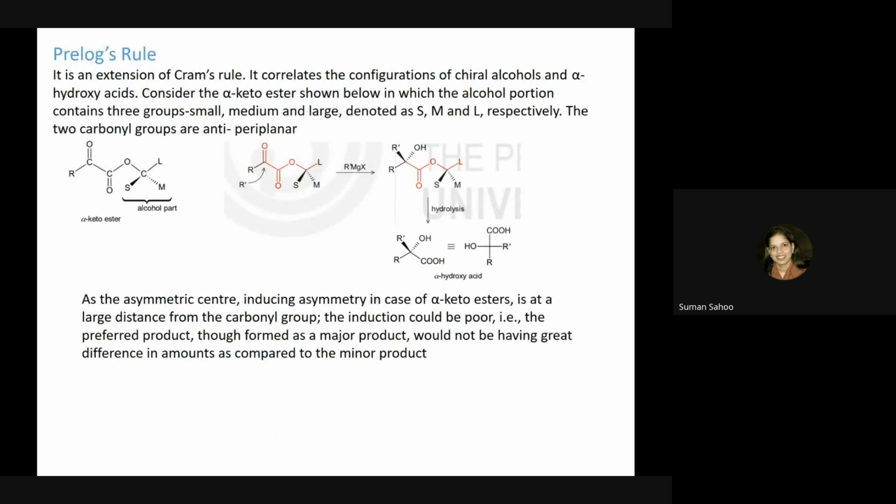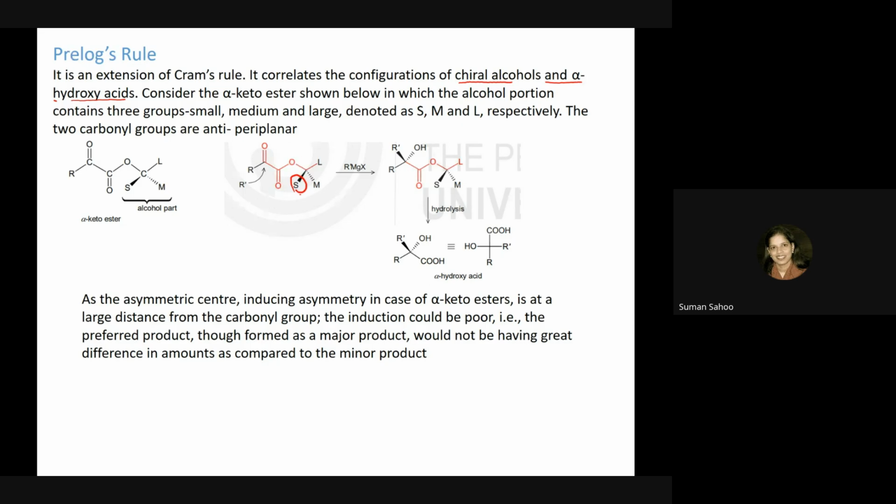Next, Prelog's rule. It is an extension of Cram's rule. This is applicable for chiral alcohols and alpha hydroxy acids. Here also the nucleophile attacks the carbonyl carbon from the smaller side which is attached to the carbonyl group.